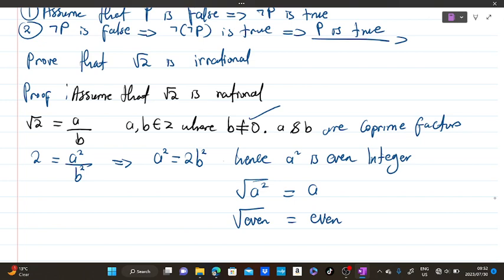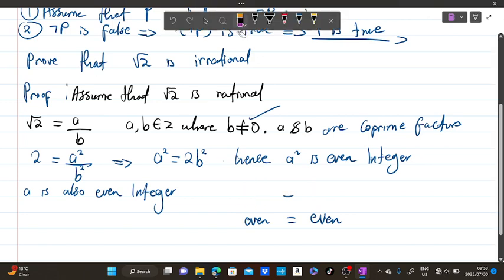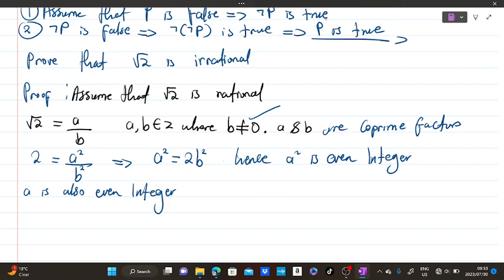So a is also an even integer, because it's the square root of an even number. Then it means that you can write a as 2k for some k, an element of all the integers.